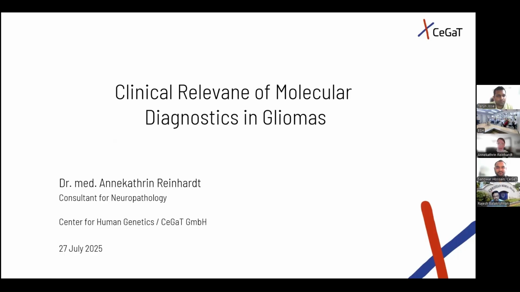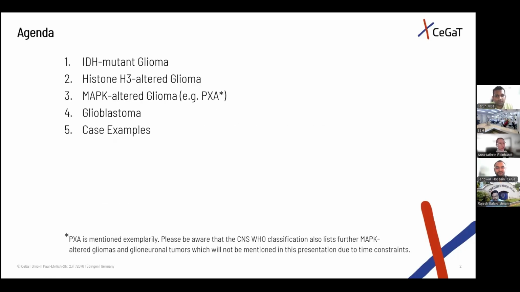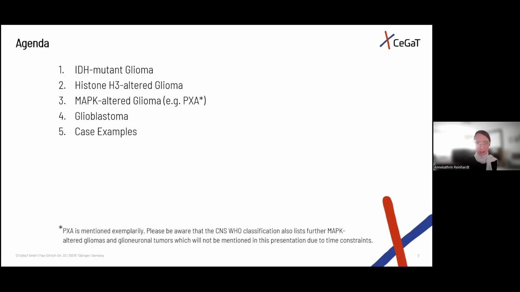Let's go into the themes now, and I will first mention the agenda. We will first refer to IDH mutant glioma, and afterwards I will refer to histone H3 altered gliomas. Afterwards, we have MAP kinase altered gliomas.